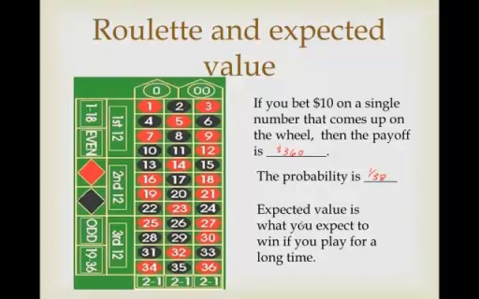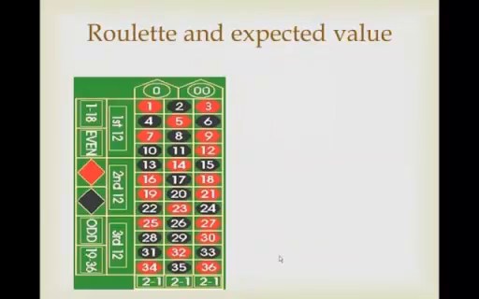Now, let's say that we want to figure out the expected value. That is what you would expect to win if you played for a really long time. So if that's the case, then, well, let's say that you bet $10 on the number 13, and you did that 38,000 times. So I'm not going to do this 38,000 times because it would drive us all nuts.